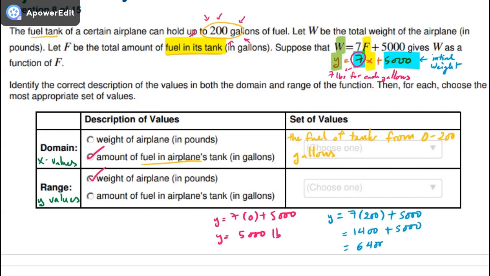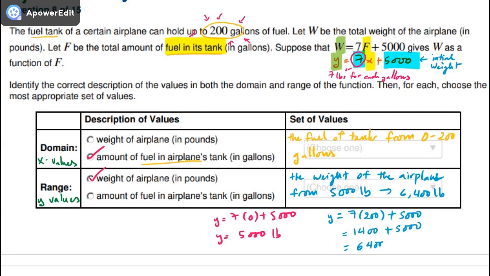Then on the drop down list, if you click on this button, you will see something about the weight of the airplane, something from 5,000 pounds to 6,400 pounds. Again, domain is x.